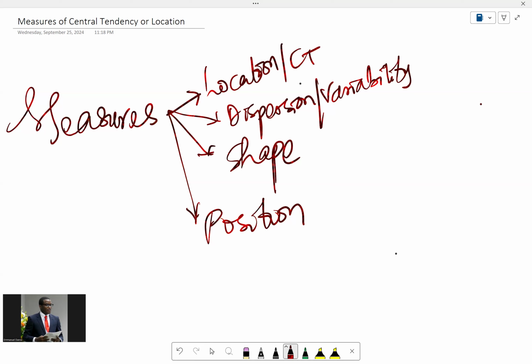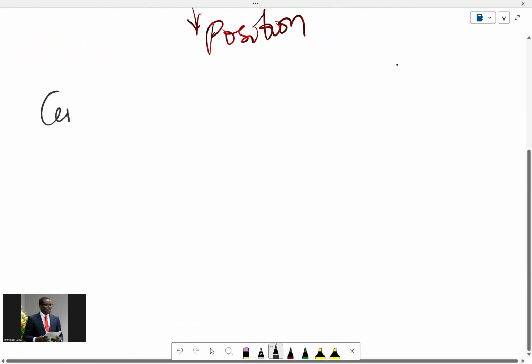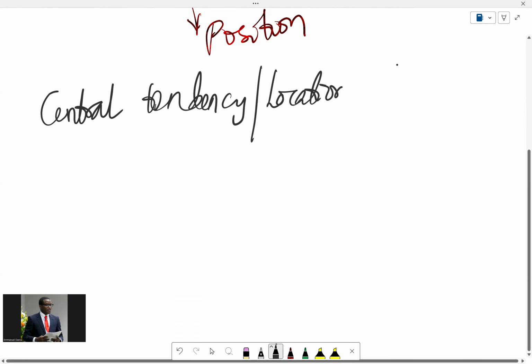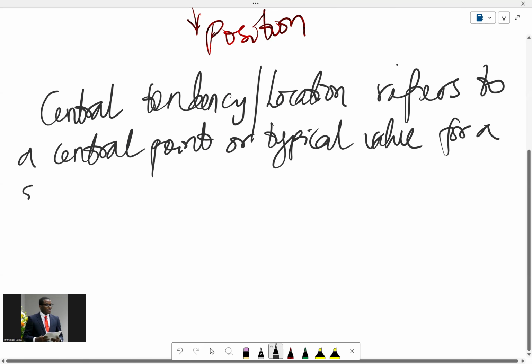For today, the focus is on measures of location or measures of central tendency. You should understand that central tendency or location refers to a central point or typical value for a set of data.